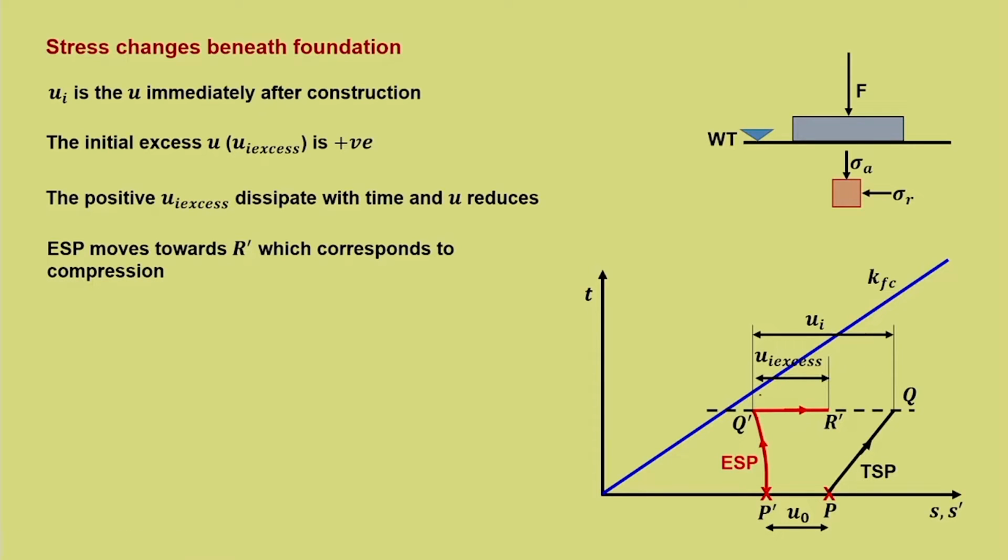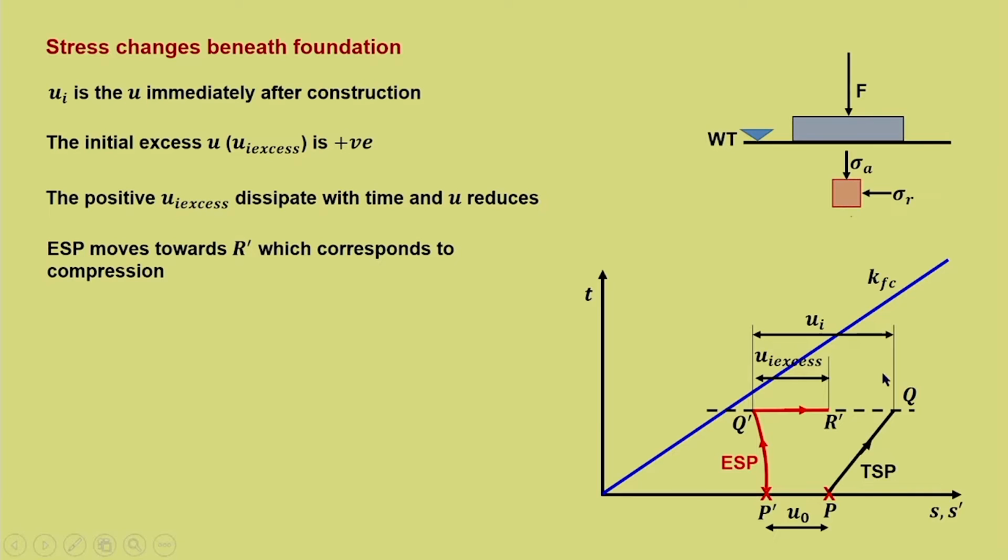It comes down because this much component is the excess pore water pressure that gets generated because of the foundation load. So, that gets dissipated and then the stress path is Q dash R dash, and Q dash R dash gives the idea about the compression that is taking place within the soil mass.